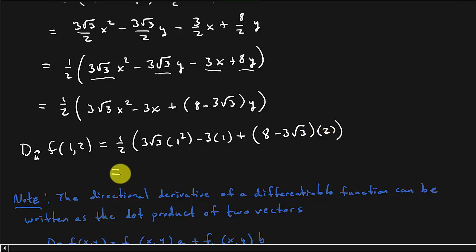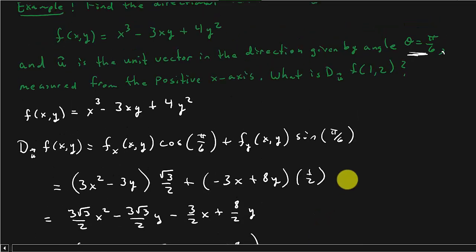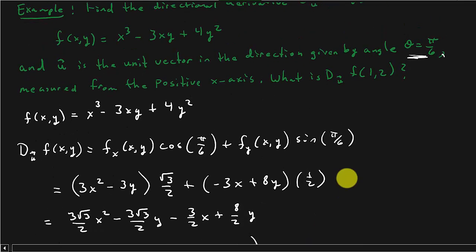And when you do all those calculations, you're going to end up with 13 minus 3 square root of 3 over 2. And there's your answer. Okay, so that's your directional derivative at 1, 2.